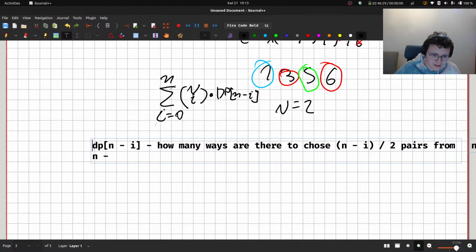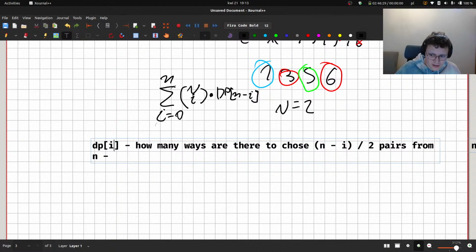From, well, dp from i, to choose i divided by 2 pairs from i numbers, right? So how to calculate something like this?